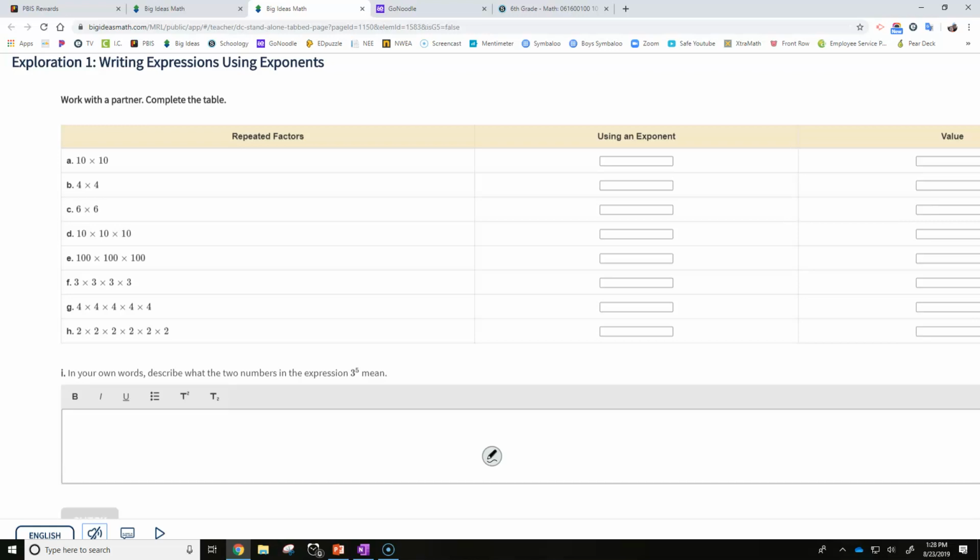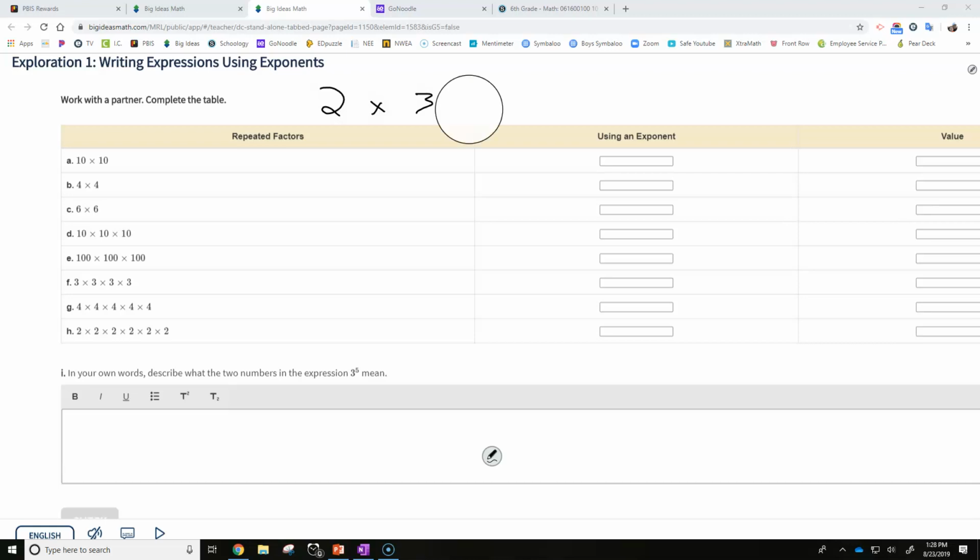What about the word factors? What are factors? Part in an equation of multiplication. Perfect. It's the numbers of a multiplication. So if I wrote 2 times 3, the number 2 and the number 3 are factors.